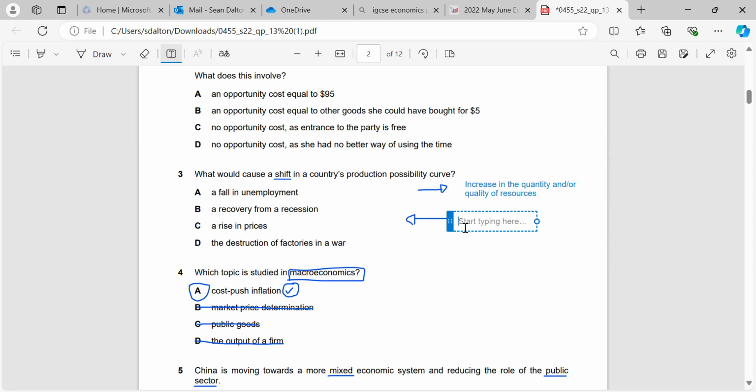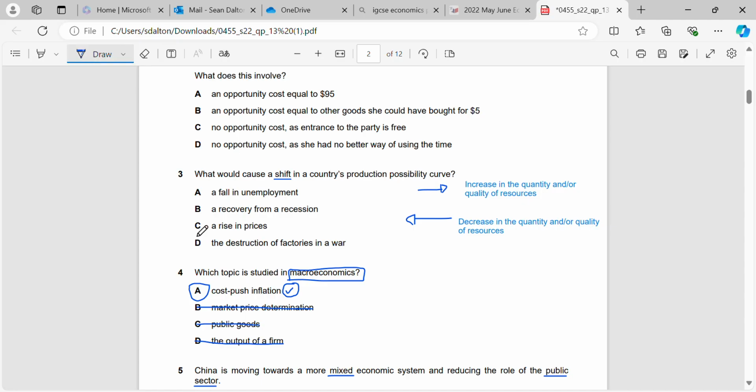Likewise, we would shift left if we have a decrease in the quantity and/or quality of resources. Okay, so that's what we're going to be looking out for.